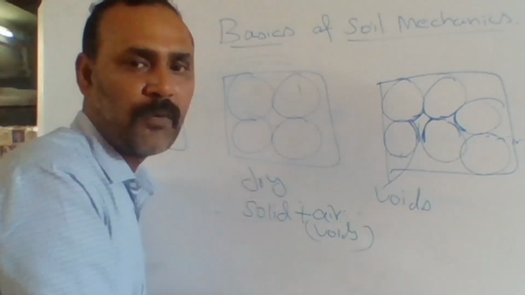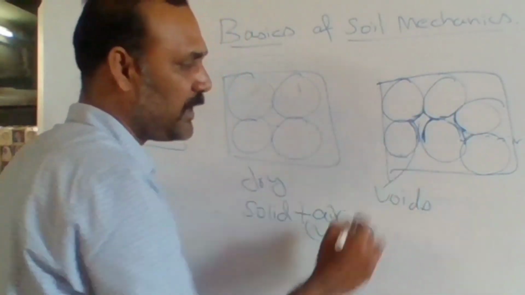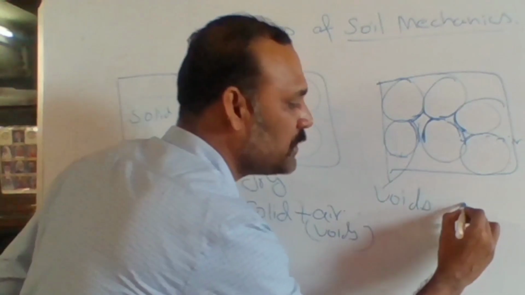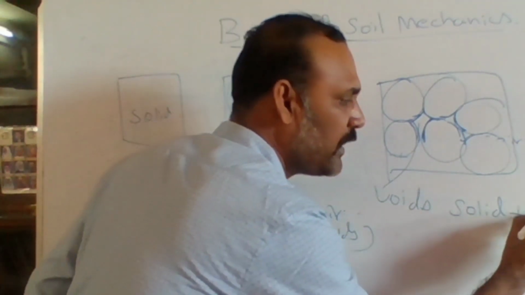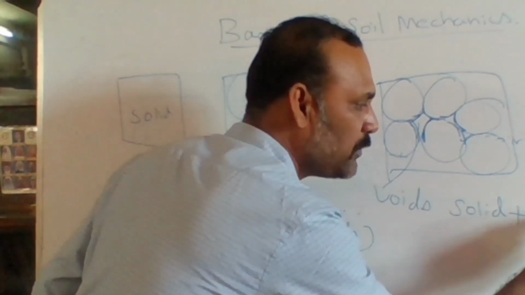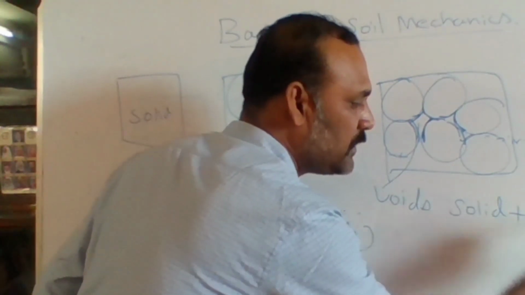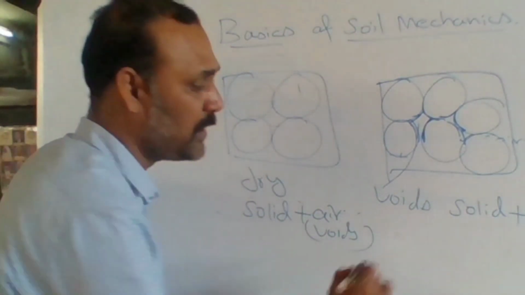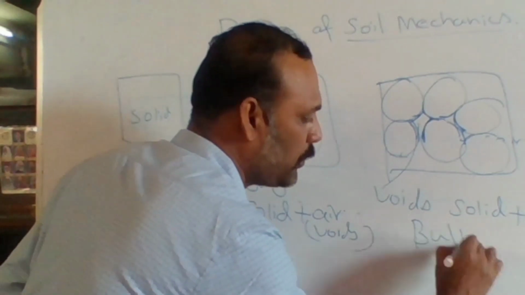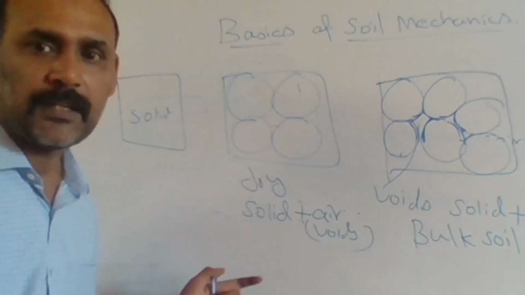On the periphery of the grains, some water partially sticks. So in such a case there are solids plus voids plus water. That type of soil we generally call bulk soil.